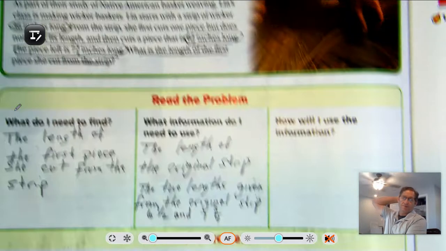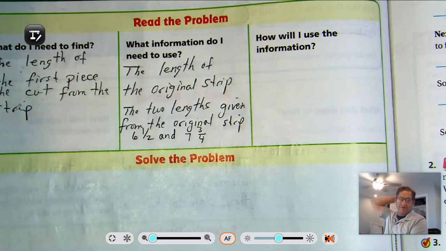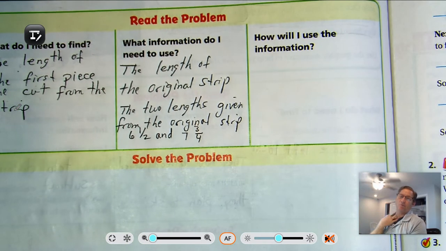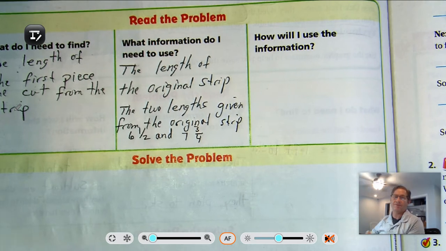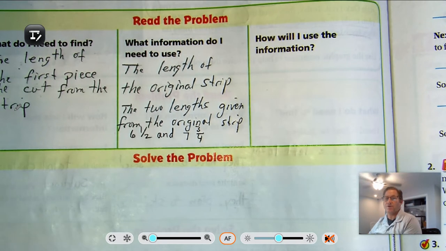Okay, so we need the original lengths given. They gave us 6.5 and 7 3/4 as two of the pieces. We have to find the third piece.